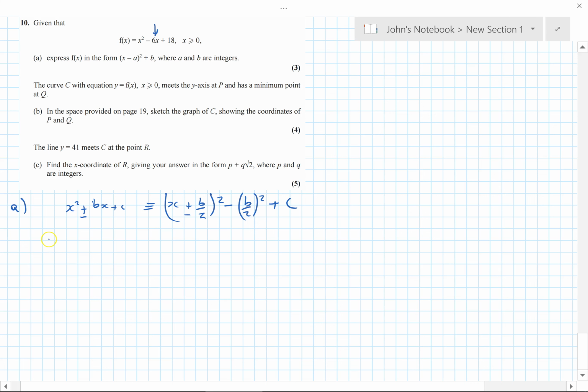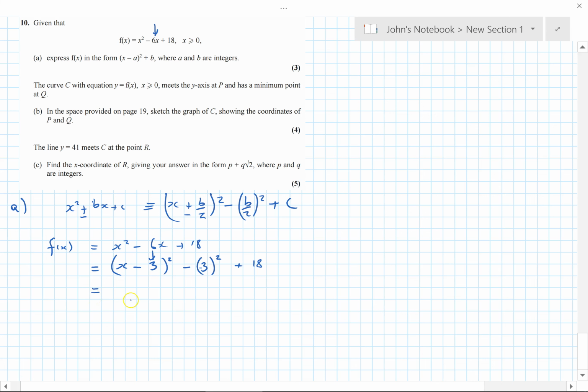So f(x), which is equal to x squared minus 6x plus 18, just writing the question out, is also equal to (x minus 3) squared, half that number, take away the square of that. Okay, it wouldn't be wrong to put a minus in there, but it's not necessary either. Plus 18.